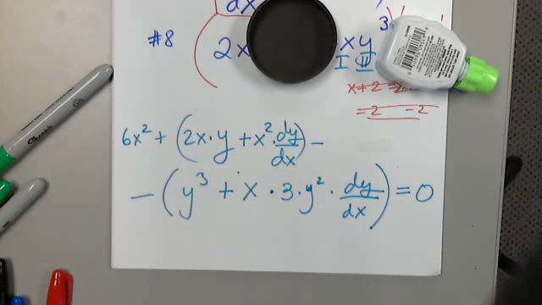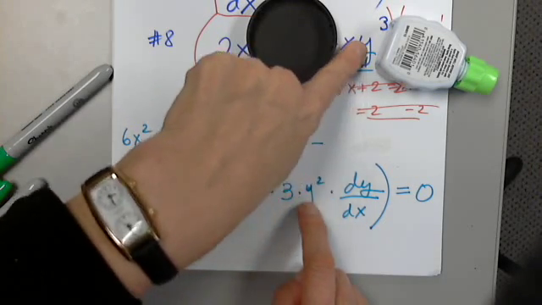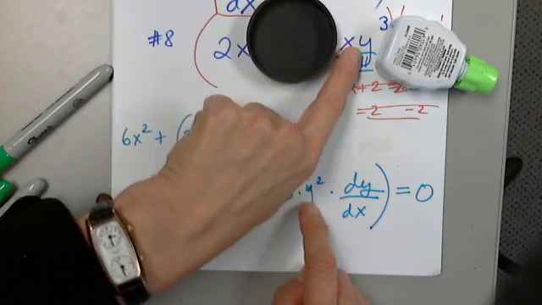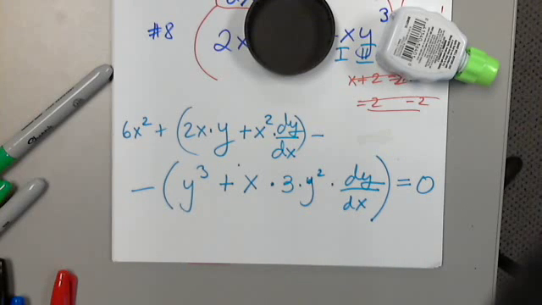So the chain rule with the power rule. So when I differentiate a function to the third, what do I do? I bring 3 in front. I subtract 1 from the power times, because this is a function, I cannot say y prime is 1. I have to say times the inner function prime, which is denoted by dy over dx. Any questions?